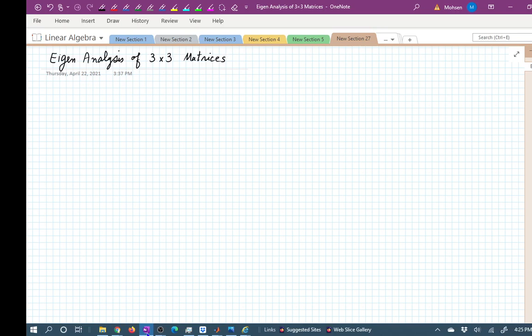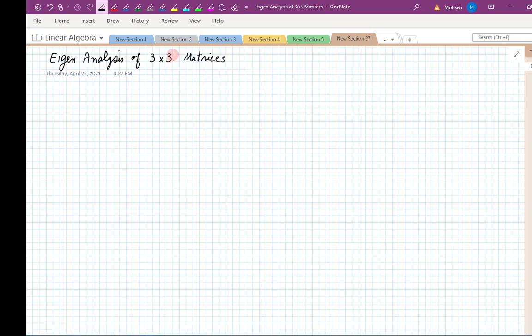The characteristic equation has a degree which is the same as the size of the matrix. So for 3 by 3 matrices we have to solve a cubic equation. A cubic equation is challenging to solve, so we are going to look at problems that are relatively easy. Let's go ahead and do a few examples and see how this works.